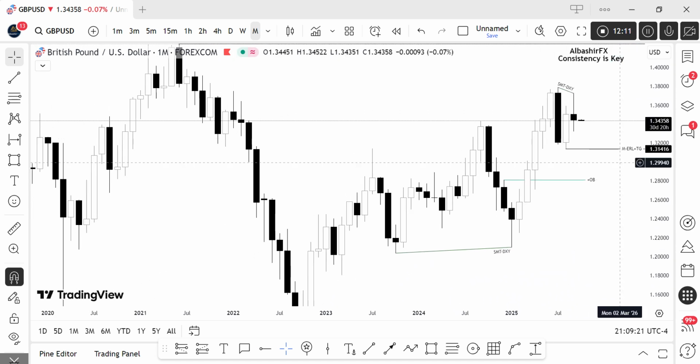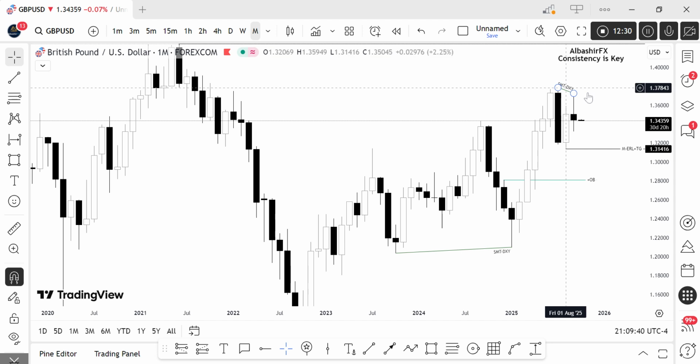On GBP US dollar, or cable, as some of us know, price has already reached a tick below this fair value gap, and thought to soup it and go higher. But now we formed an SMT divergence with the dollar here, price rejected and delivered lower. So we are anticipating continued lower prices.